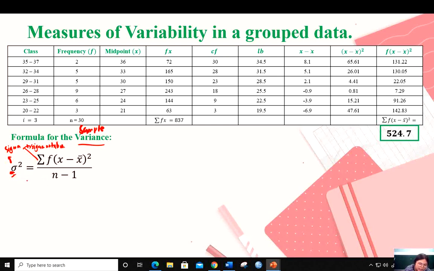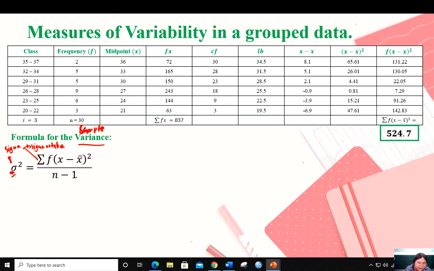Variance yung pinag-uusapan. Magiging sample variance lang siya pag n-1 yung nasa baba. Okay po? Kasi iba yung formula natin sa population variance, sa sample variance. Pakitandaan na magkakaiba ng formula. Dahil yung data natin, kinuha lang natin siya sa sample, kaya sample variance tayo. Okay po? Kaya ang denominator natin is n-1.